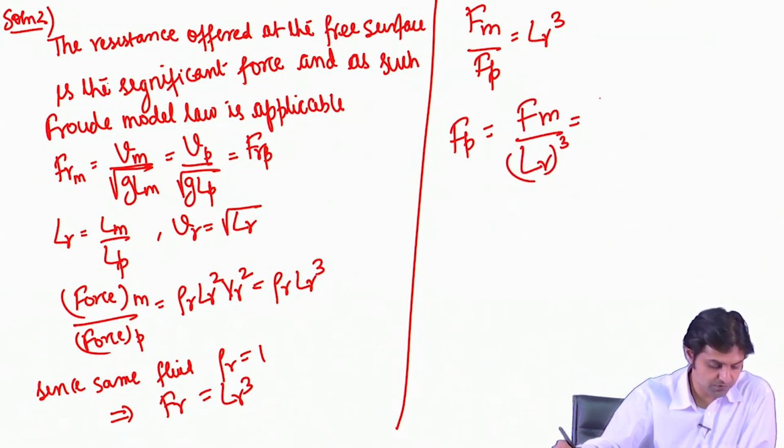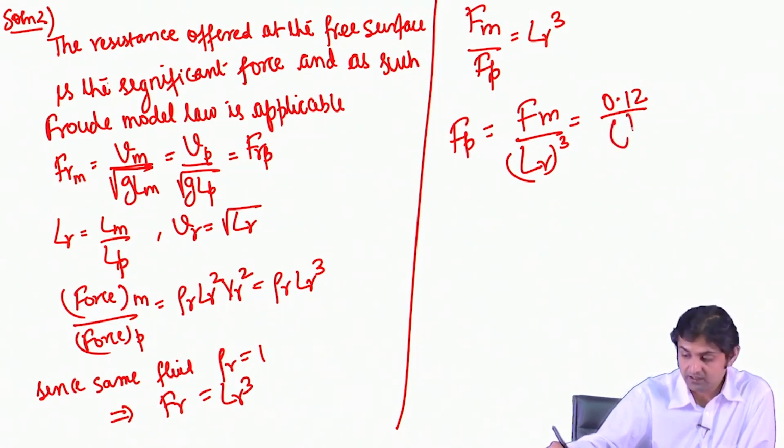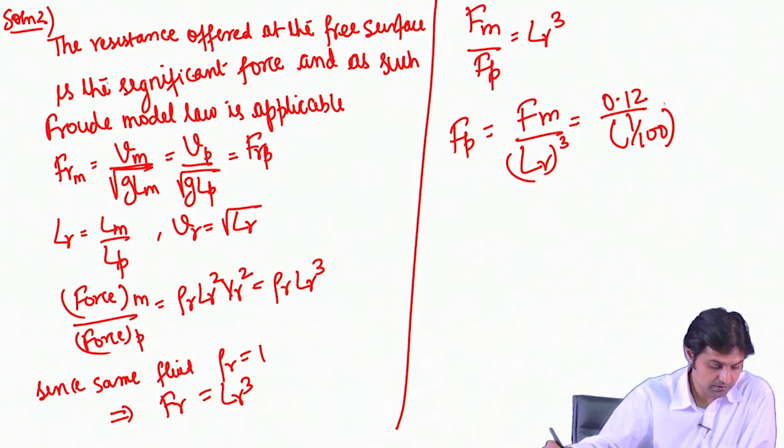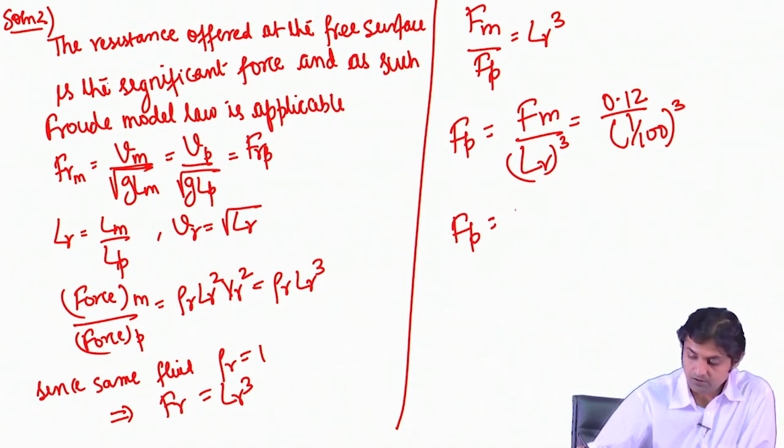Now, we substitute the values. Fm is 0.12 Newton and Lr is 1 by 100. So this is going to be 120,000 Newton or 120 kilonewton.